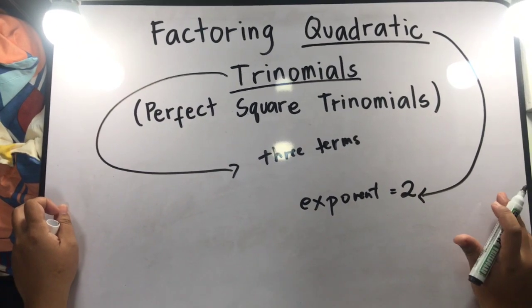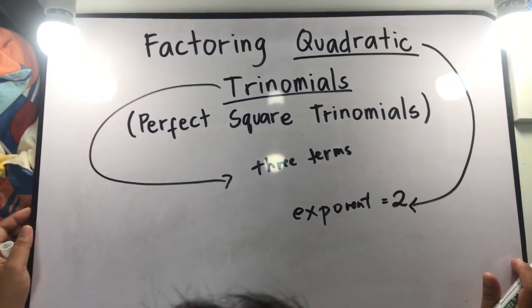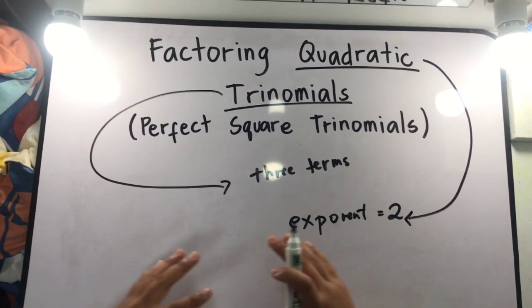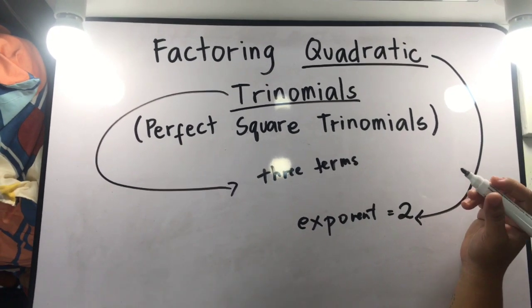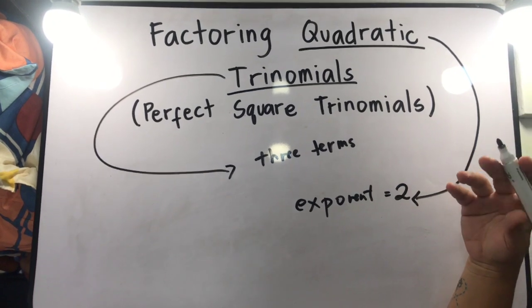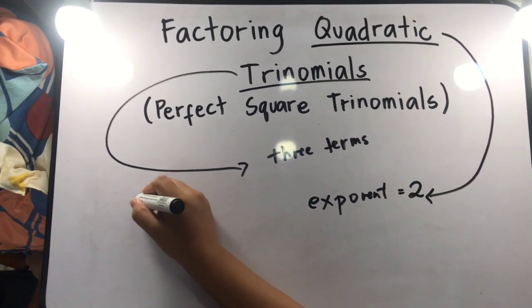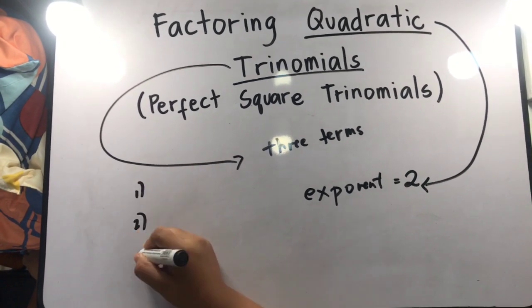na siya quadratic. Okay? So, first, I will be giving expressions and then try first to identify if it is an example of quadratic trinomials or not. So, here are the example expressions.